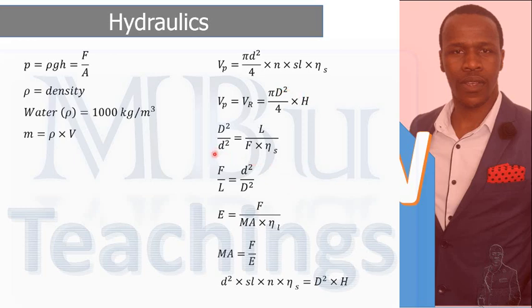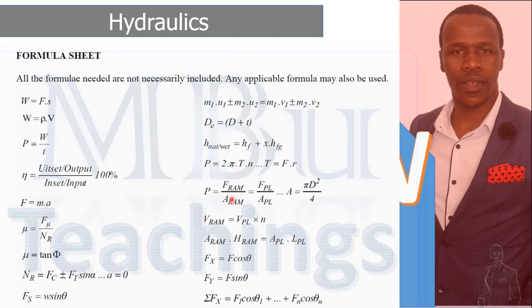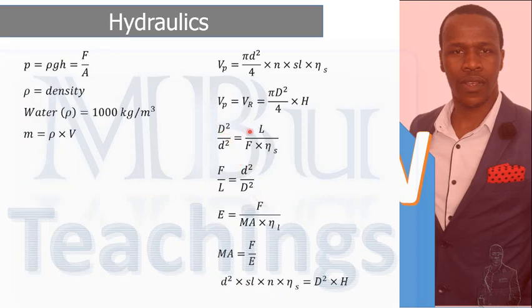Then we also have the pressure. This is for pressures. Okay, let me just show you on the previous slide once more. Remember here we had L over capital D squared equal to F over small d squared. This is it.